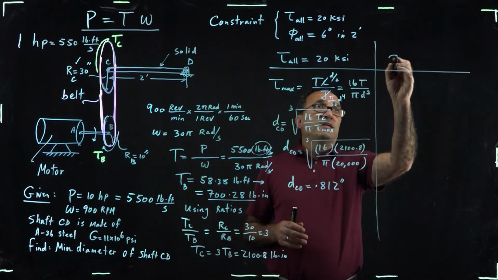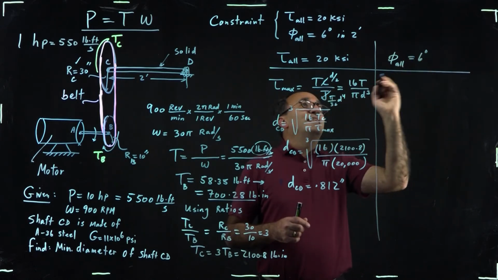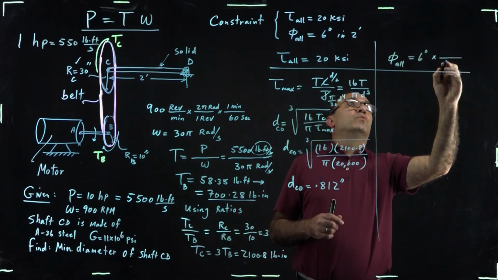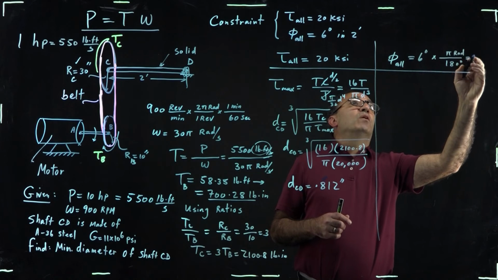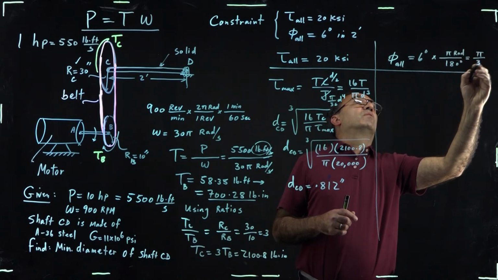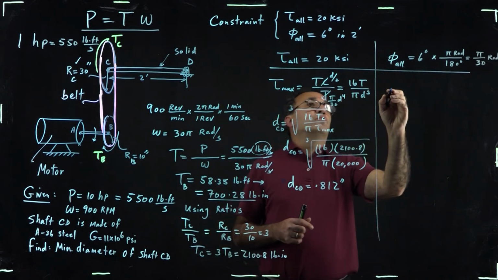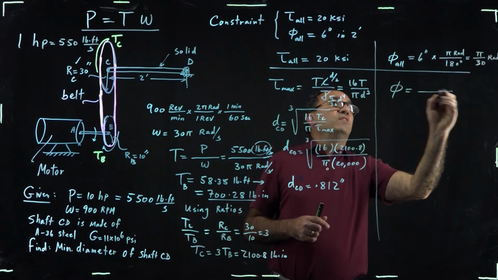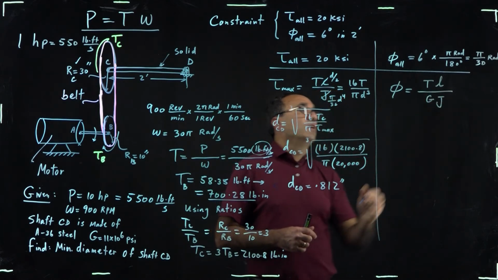Well, what about the angle of twist of 6 degrees? That has to be converted to radians. 180 degrees is pi radians, so that becomes pi divided by 30 radians, and that's what you have to use. Remember, phi is calculated based on the equation TL over GJ.